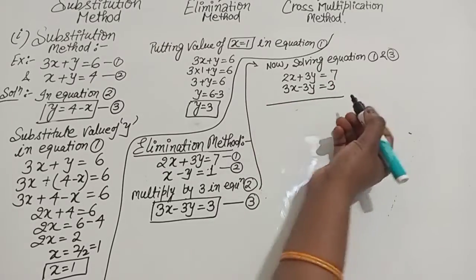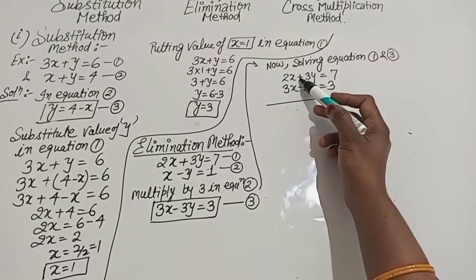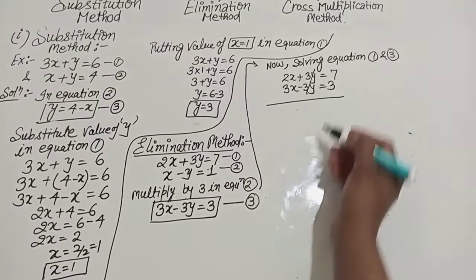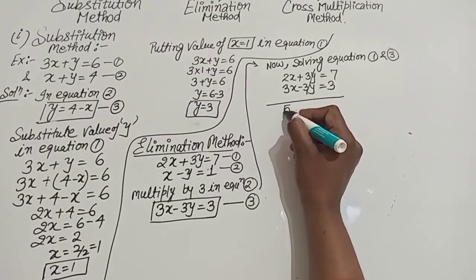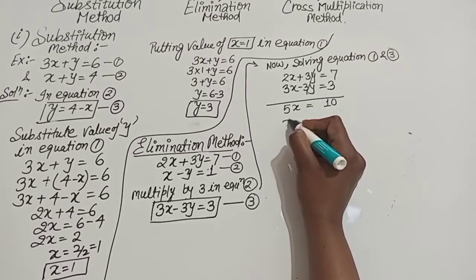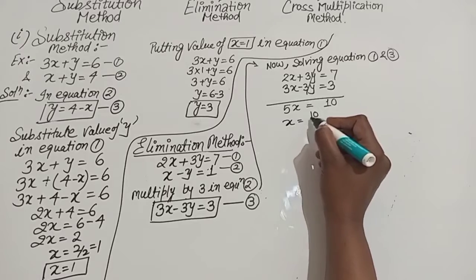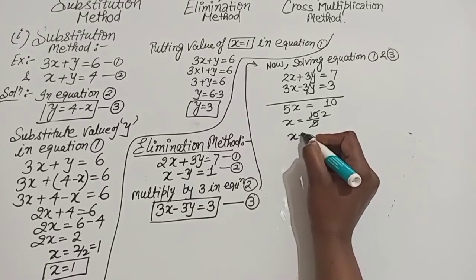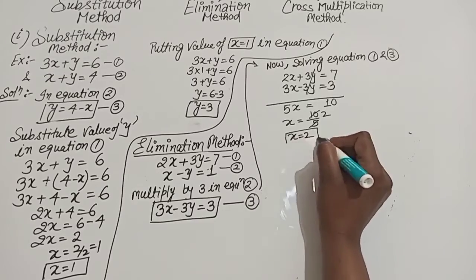Now add. Here is a plus, here is a minus, so no sign change, cut it down. So 5x is equal to 7 plus 3, which is 10, x is equal to 10 upon 5, so x is equal to 2.